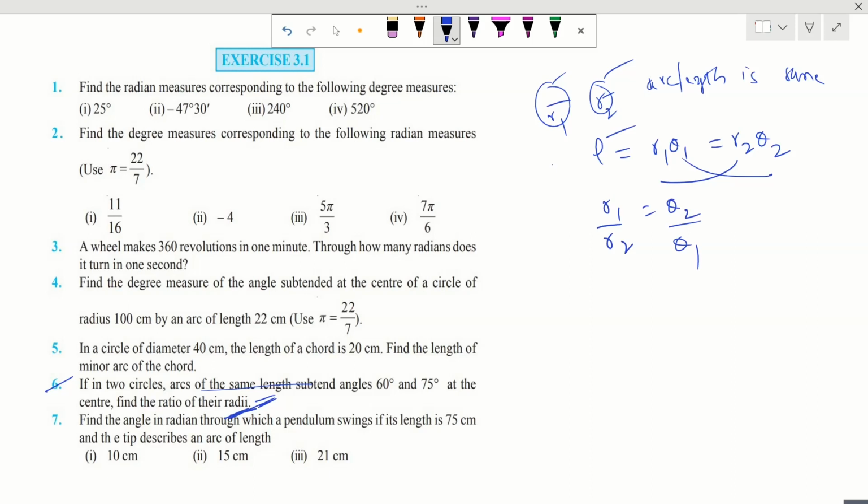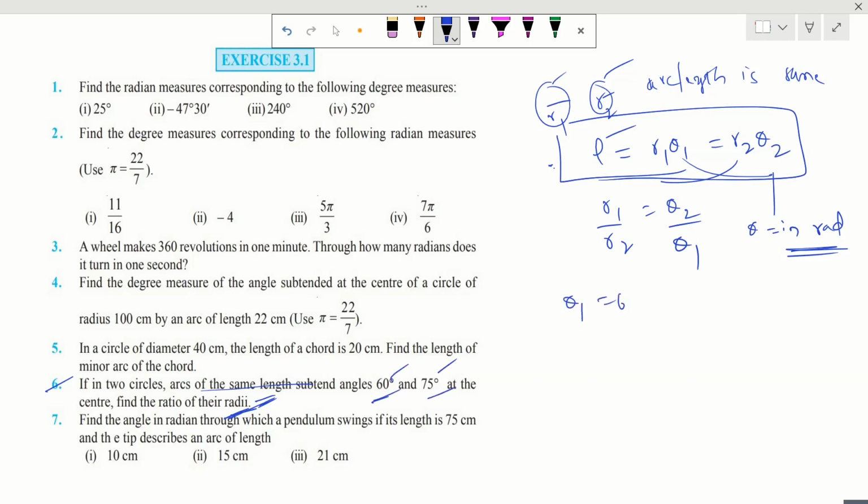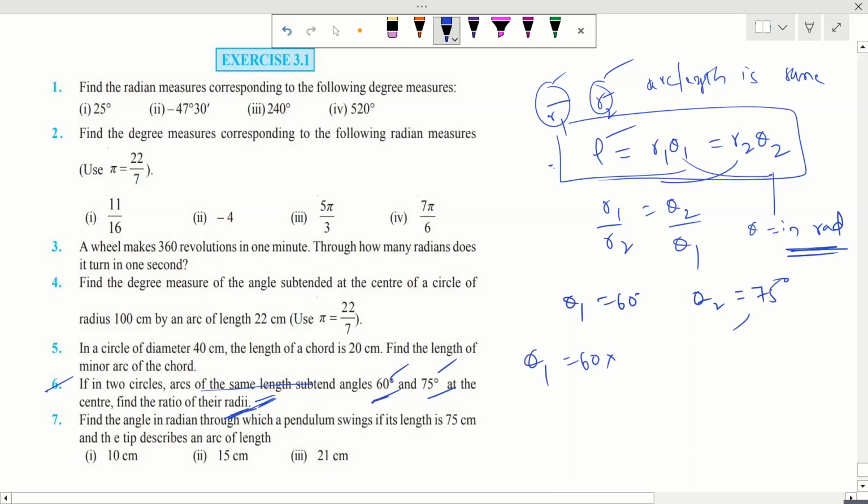In this formula, we know that theta is in radian, right? Theta 1 is given as 60 degree and theta 2 is 75 degree. So we have to convert these into radian.